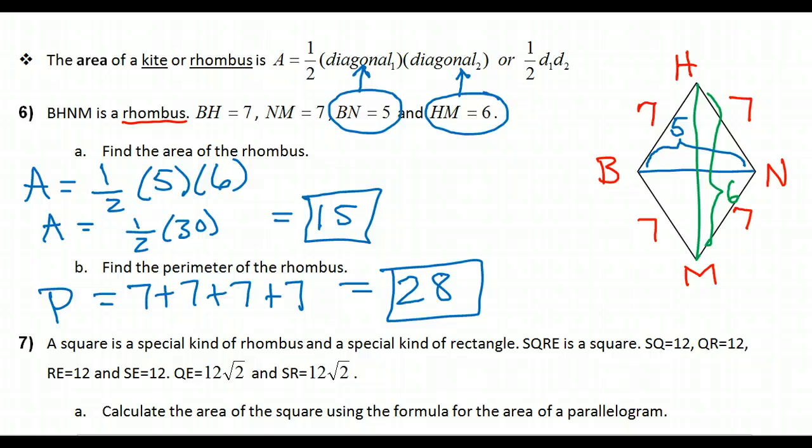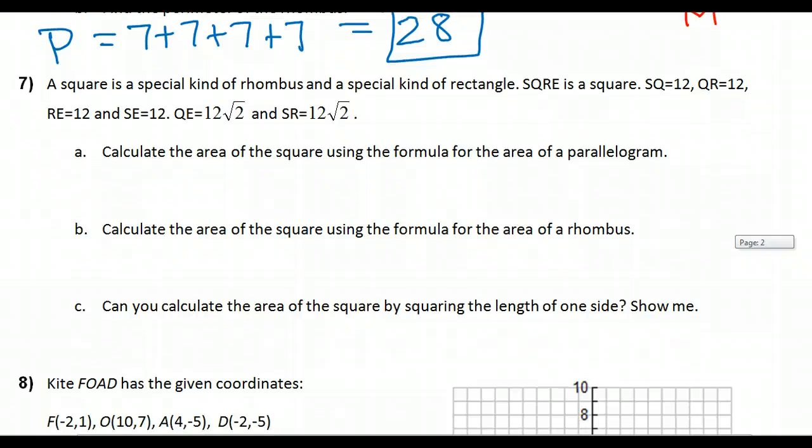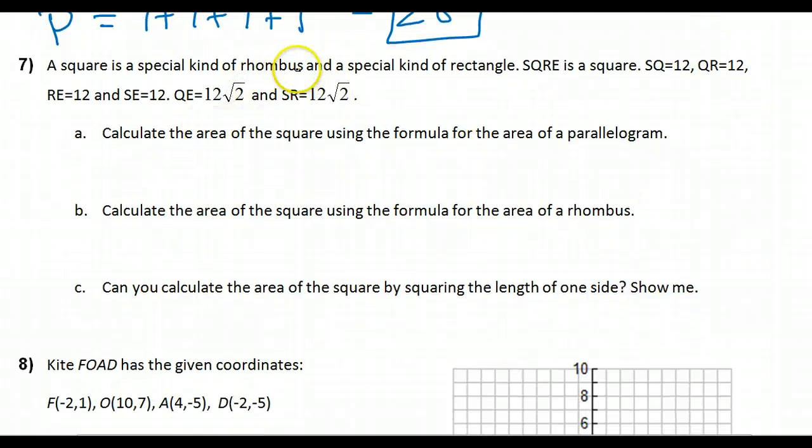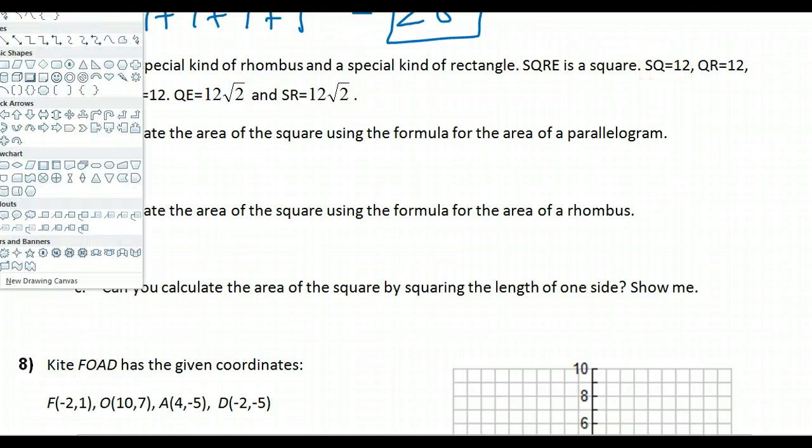Okay, let's look at number 7. A square is a special kind of rhombus and a special kind of rectangle. SQRE is a square. Again, we should probably draw it.